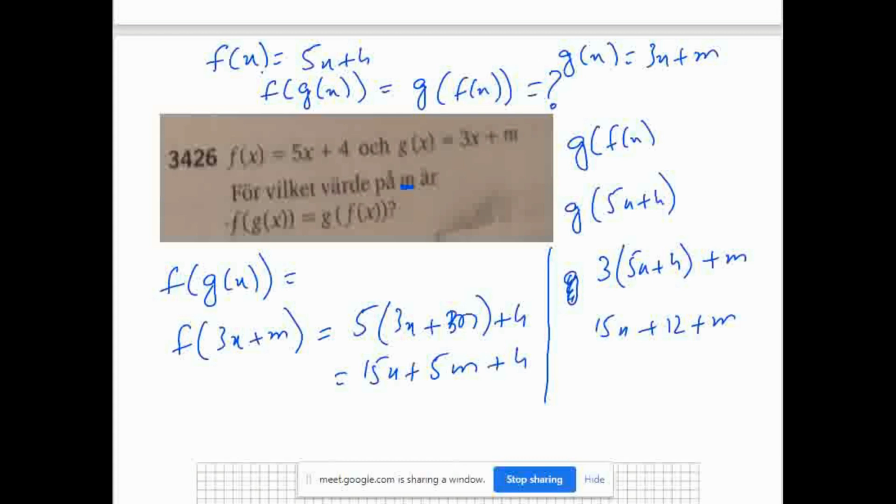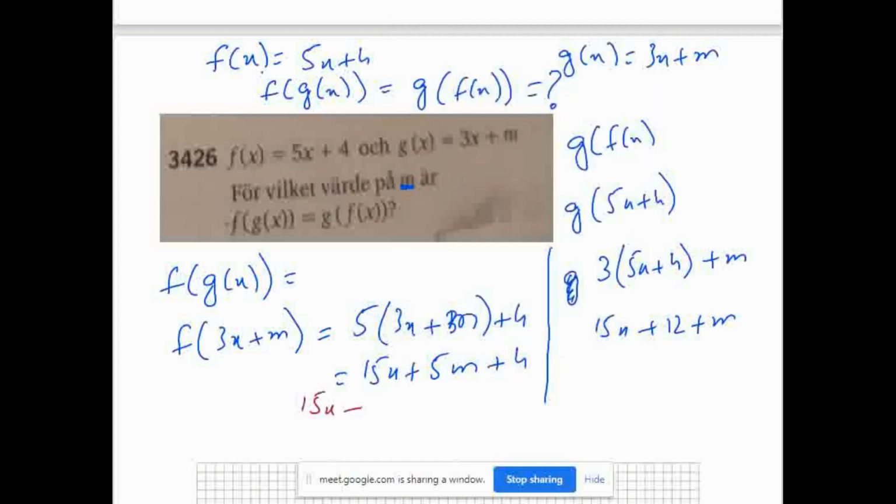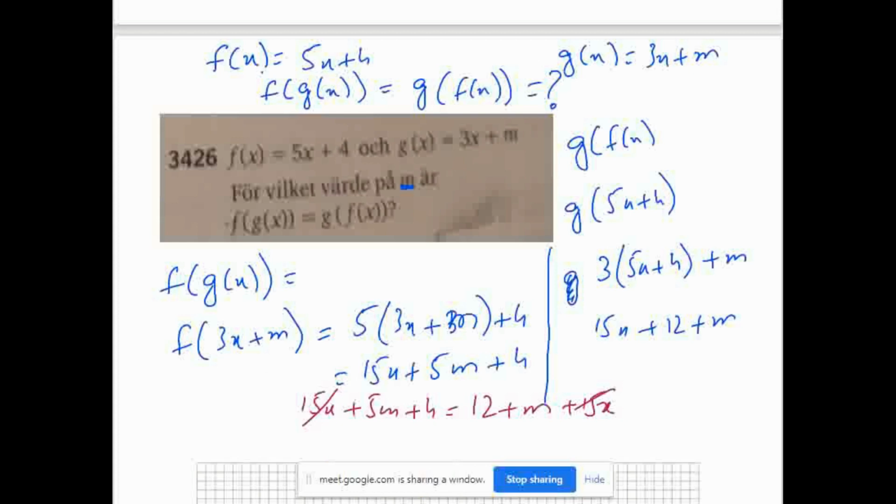Now if we equate these two, this will be 15x plus 5m plus 4 is equals to 12 plus m plus 15x. Now you can cancel out the 15x on both sides, and here this will be 5m minus m is equals to 12 minus 4.